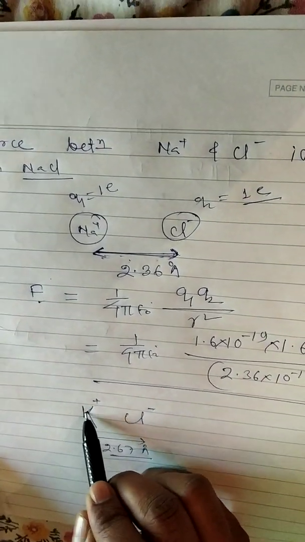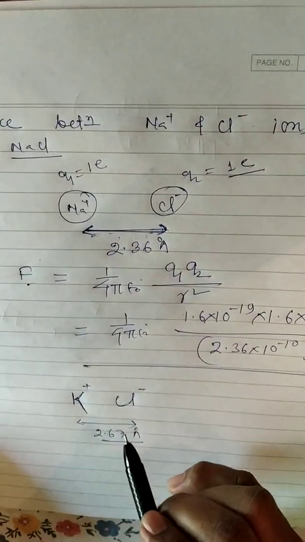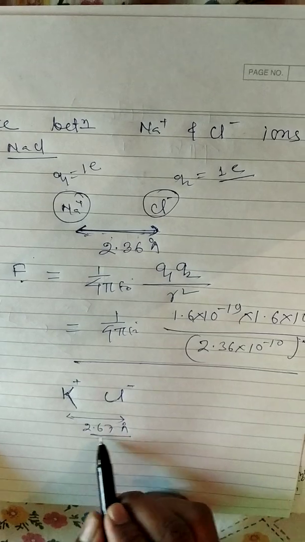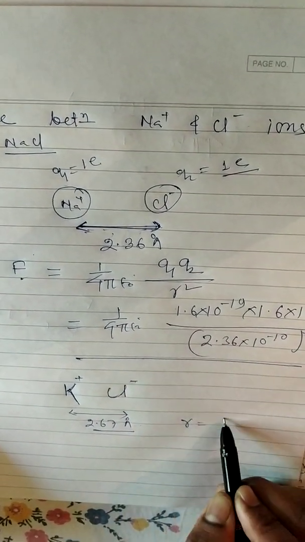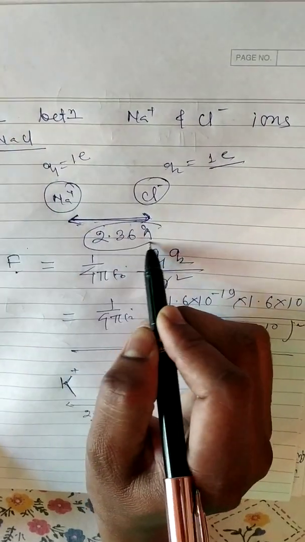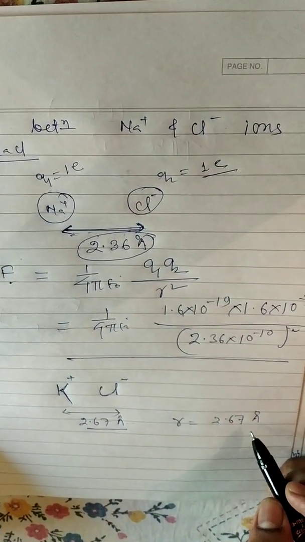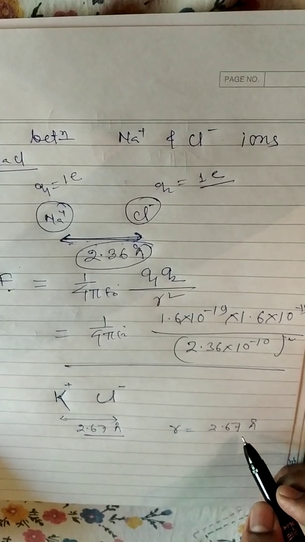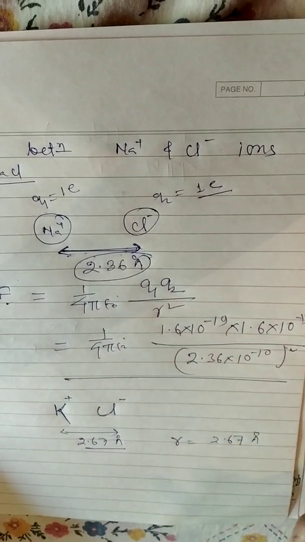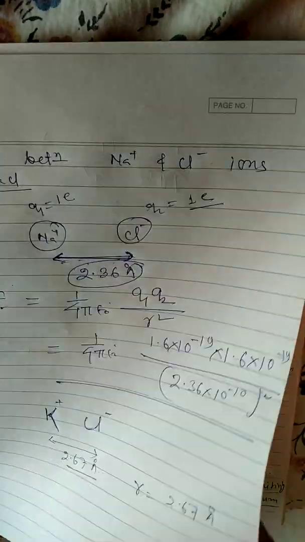Which one will dissociate easily without much dissociation energy? Of course, you see here R is equal to 2.67 angstrom, whereas here R is equal to 2.36 angstrom. So the more the value of R, the less will be the force and less will be the energy required to dissolve it.